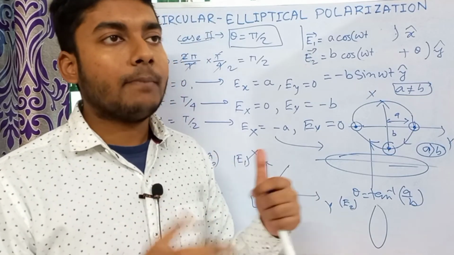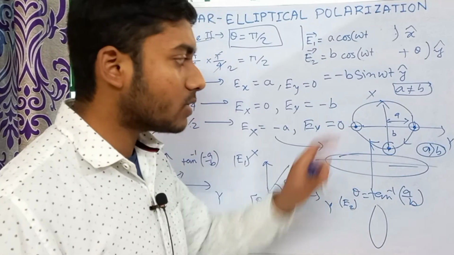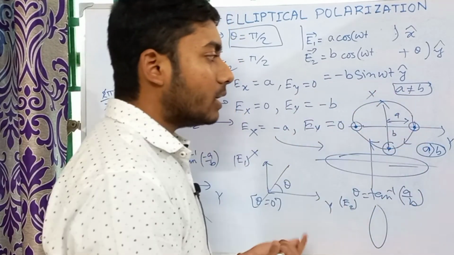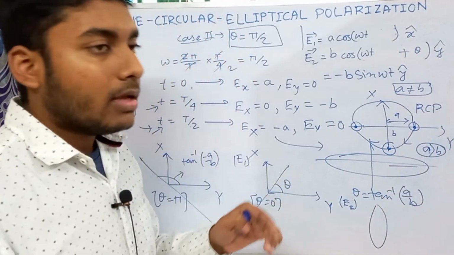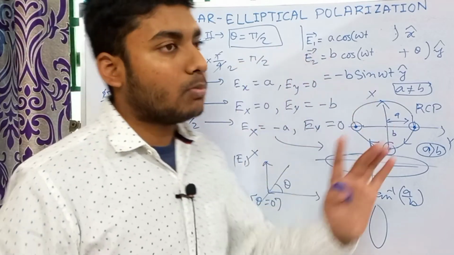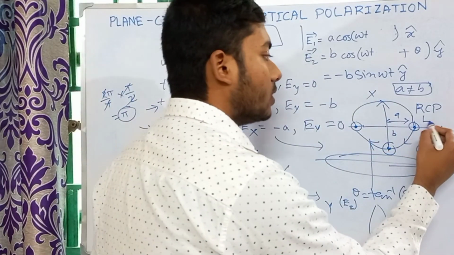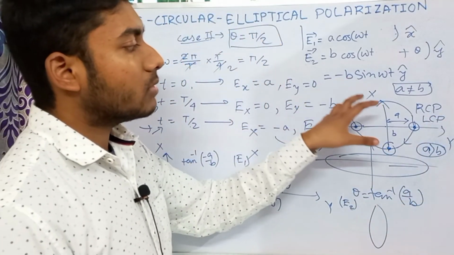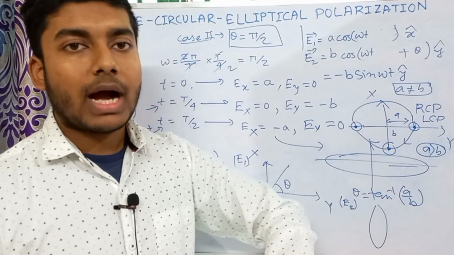And in the momentum convention, there are two types of convention. One is optical convention. In optical convention, this is right circularly polarized, and in the momentum convention, it is left circularly polarized. Why? Because when we want to understand the momentum of the light, that means the propagation, we have to understand the velocity.